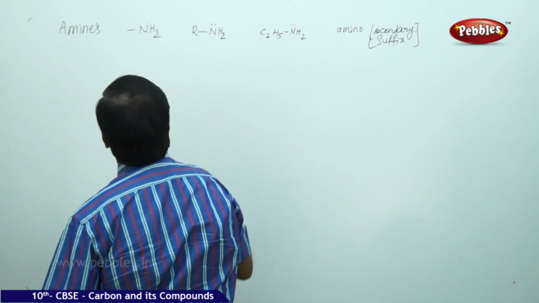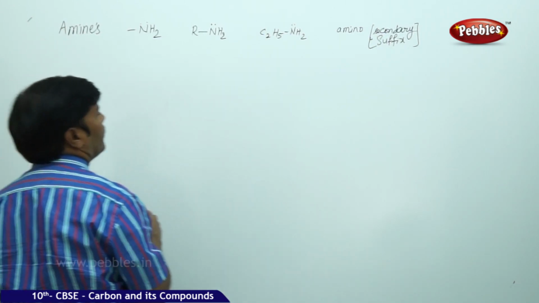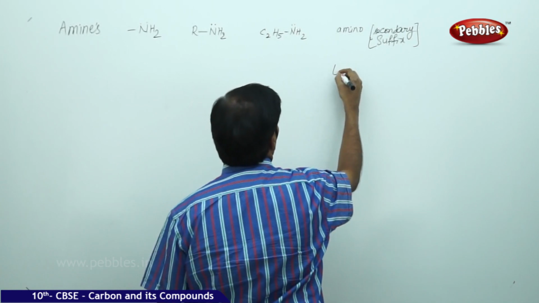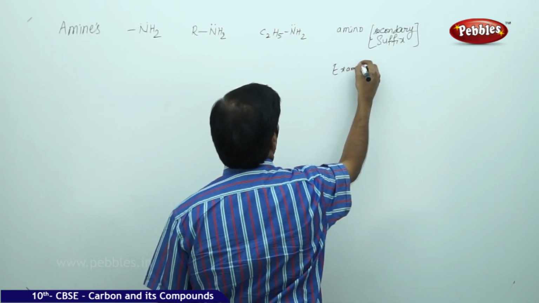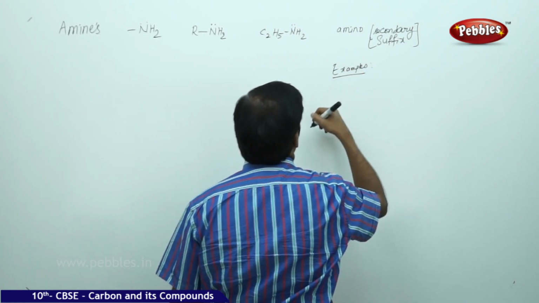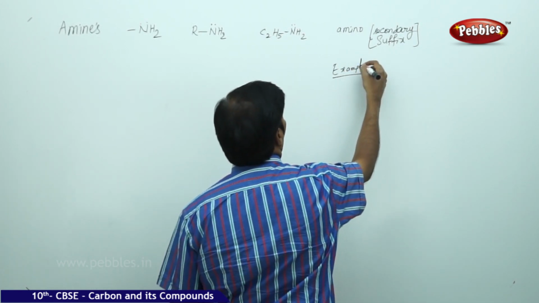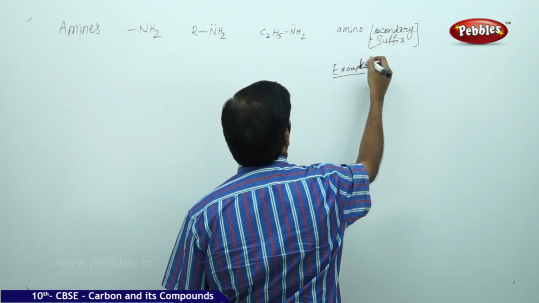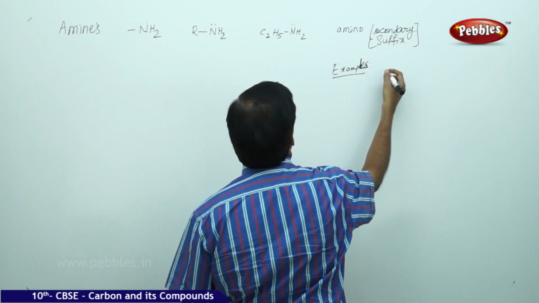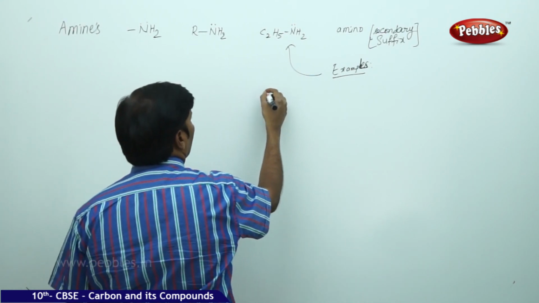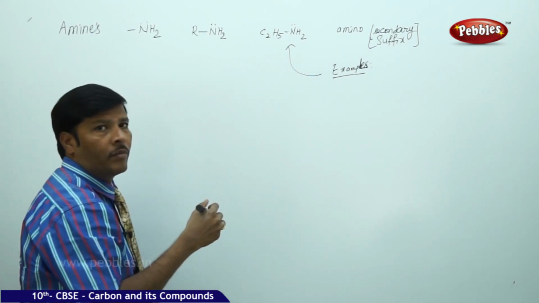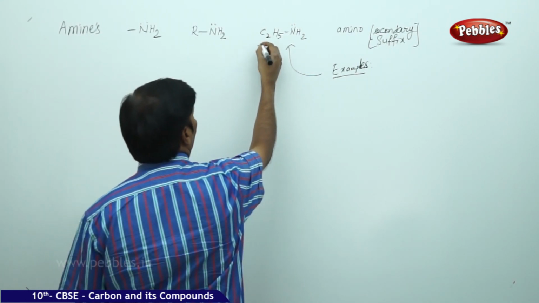Now let's take one or two examples. In the examples you can take ethylamine, and sometimes you can also take aromatic amines. This is ethylamine.